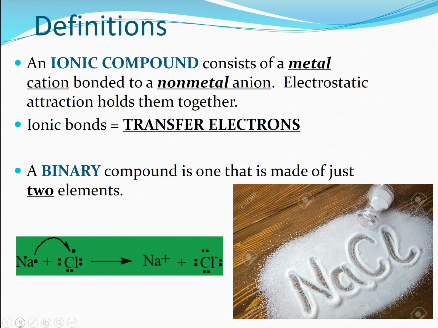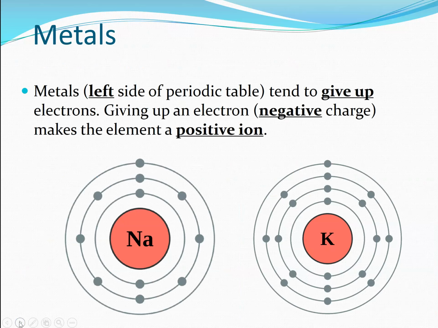So let's go a little bit further into this. Metals are on the left side of the periodic table. They tend to give up electrons. Giving up an electron, which is a negative charge, makes the element a positive ion. If you're losing a negative, you're becoming more positive.